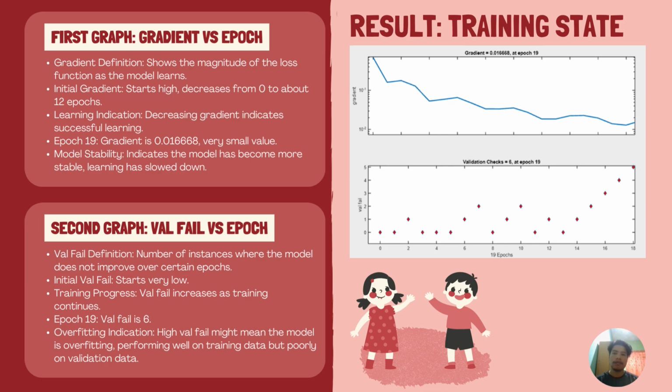The increase in validation fail indicates that the model performance on the validation set is no longer improving, and this might also indicate that the model is showing signs of overfitting. Overfitting is when the model performs well on training data but poorly on validation data.